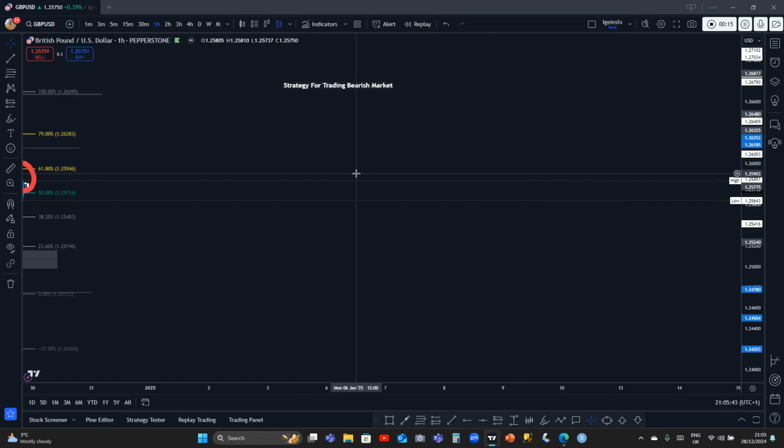All right. As a trader, we should always have a strategy, a good one at that, that we can apply to trading any type of market. Because if it's a bearish market, we should know how to position and when to position. And we should always have a strategy that we use.